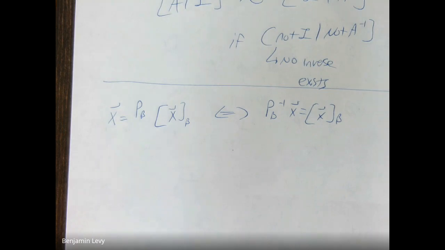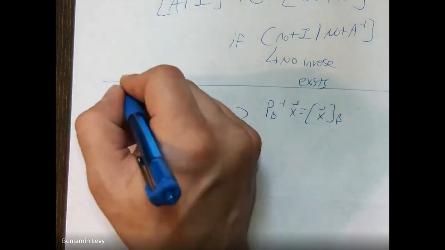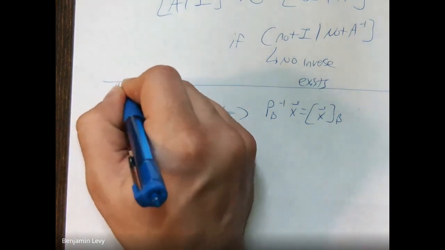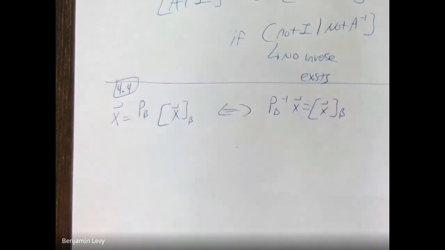This is from section 4.4. And P of B means the basis of a certain matrix, right? Or B of P, I guess, however you would say that.